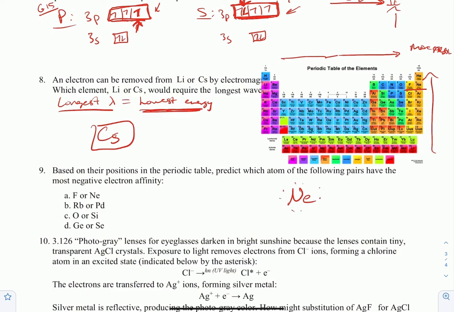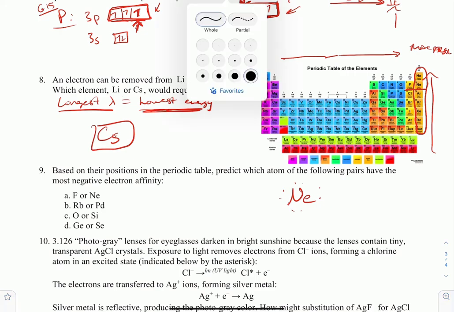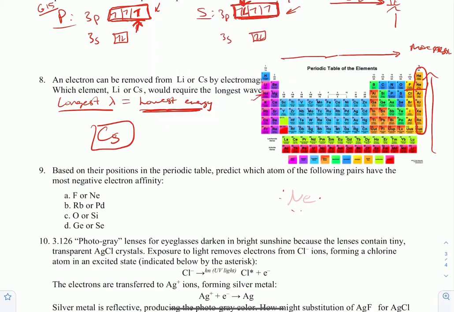It doesn't want to open up a new subshell and add an electron. And so this is actually counterintuitive in that this is one of the exceptions to the trend in electron affinity, is that the noble gases will have a very positive value, meaning they don't like to have electrons added to them. And so fluorine's actually the one with the most electron affinity. So we're going to circle fluorine on that one.